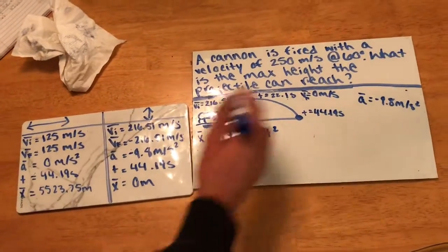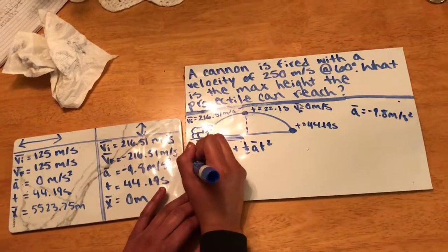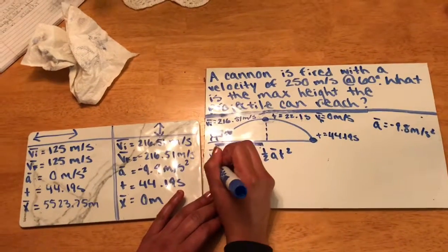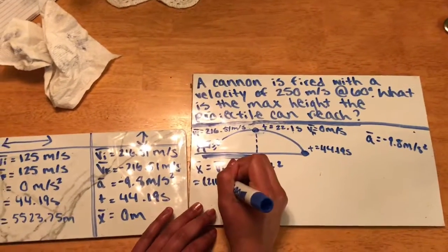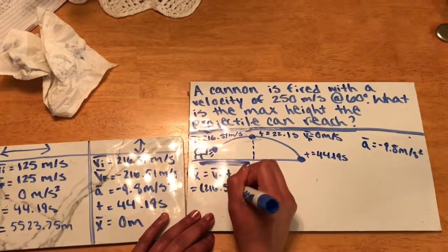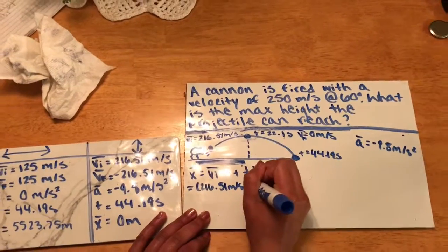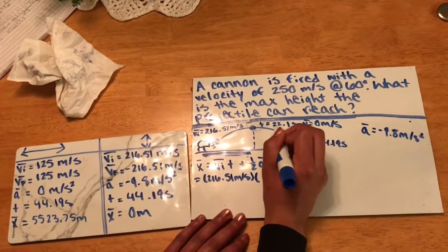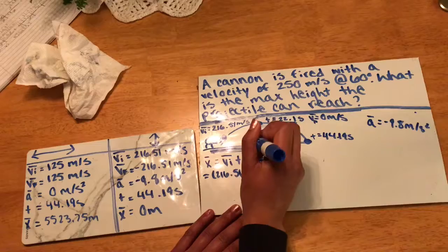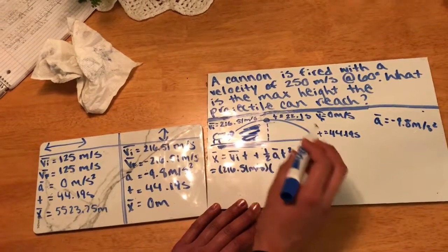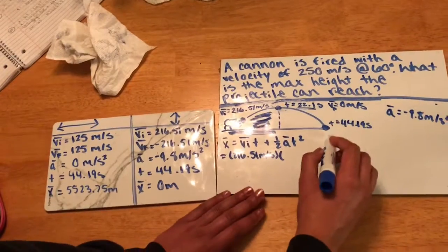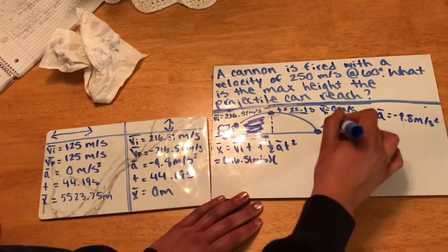And we're going to substitute in the values that we have again. So we have our initial velocity, which is 216.51 meters per second, times our half time, which we're going to use because we only want this part of the problem. If we wanted to find the displacement down here, we'd use the full time, but we don't really need that right now.